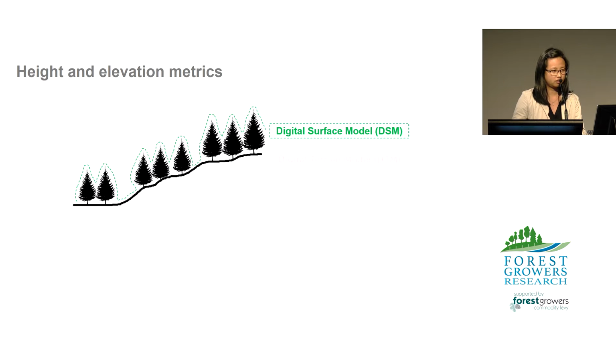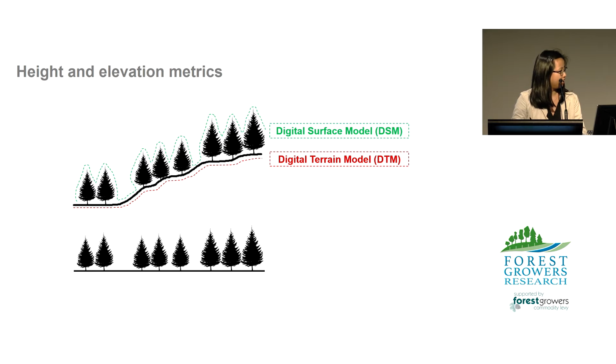The digital terrain model is the bare earth model with the terrain features, such as ridges and valleys. When we normalize our terrain and get the height of the objects on our surface, we get the canopy height model, or CHM.